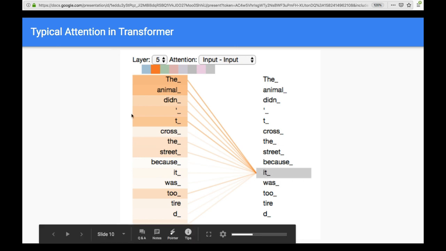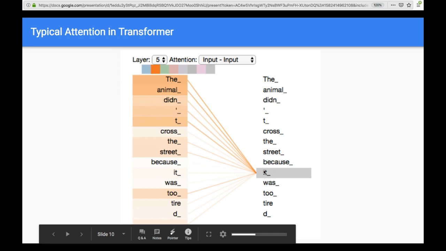And also, usually in a transformer, you will have more than one attention head. Usually it's like 12 or 16 attention heads. Different attention heads will encode different relations.